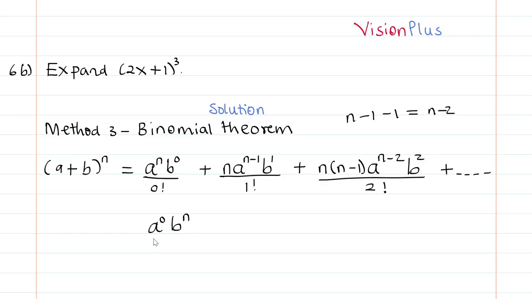And then from here we divide by the power of b still, which is n. So divide by n factorial. n is the power given. If it is 1, we stop here. If it is 2, we stop here. If it is 3, we look for the next term, as in our question there. So this is the formula for binomial theorem or binomial expansion.